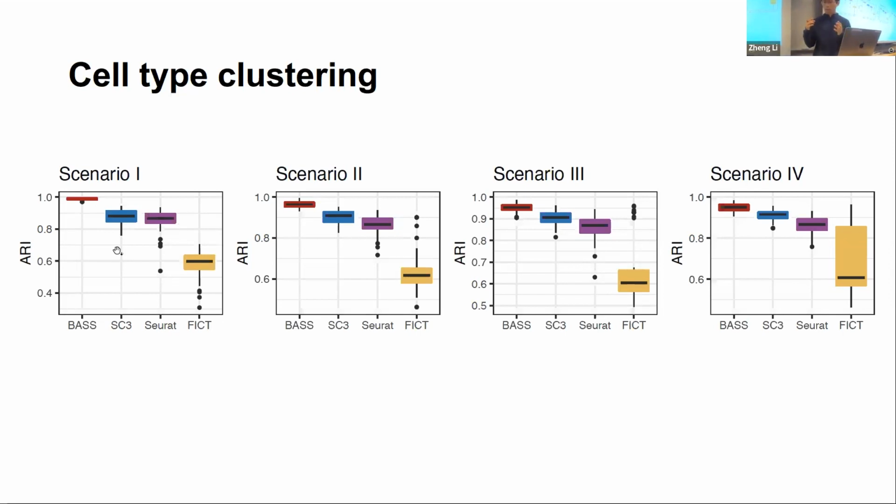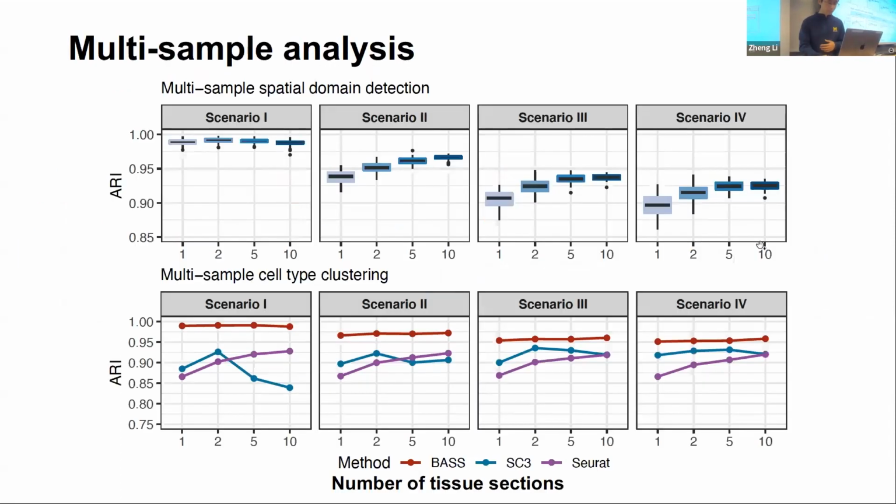This is because in scenario 1, the cell type has the strongest spatial distribution pattern, so it can benefit more from the spatial domain information. However, when the spatial distribution pattern of cell types becomes weaker and weaker, the performance gain also gets weaker.